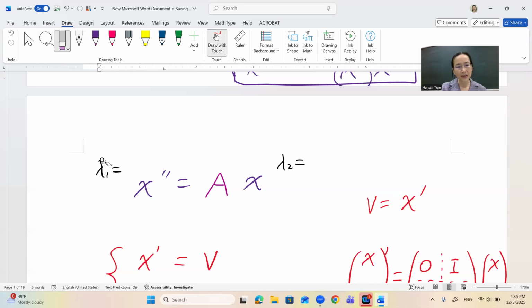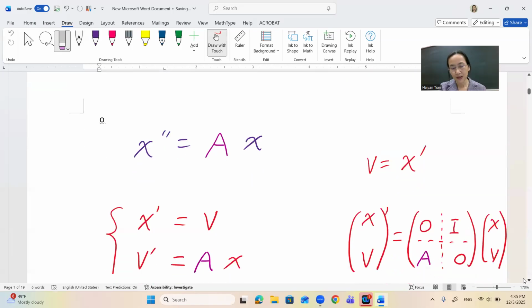So now with this second order system of n equations, we want to reduce to a first order system. So quickly, if we define a velocity vector, which is the derivative of the displacement, then the second order derivative of displacement is just the first derivative of velocity. So this can be written as v prime equals Ax.